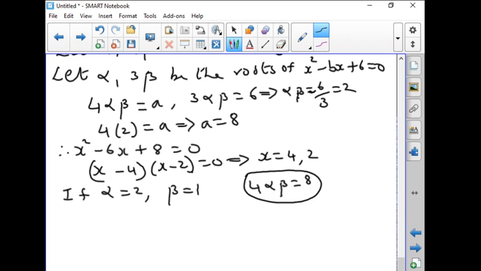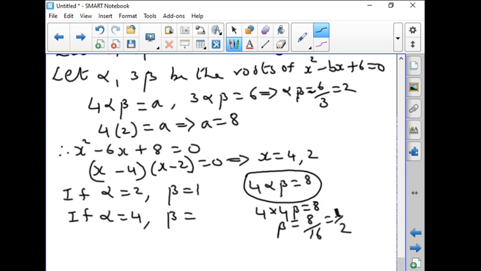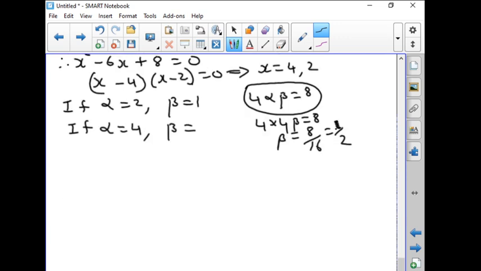So when alpha equal to 2, beta should be 1. And when alpha is equal to 4, substitute here. What do you get? 4 into 4 beta is equal to 8. So beta is equal to 8 by 16, which is equal to 1 by 2. So beta is equal to 1 by 2.